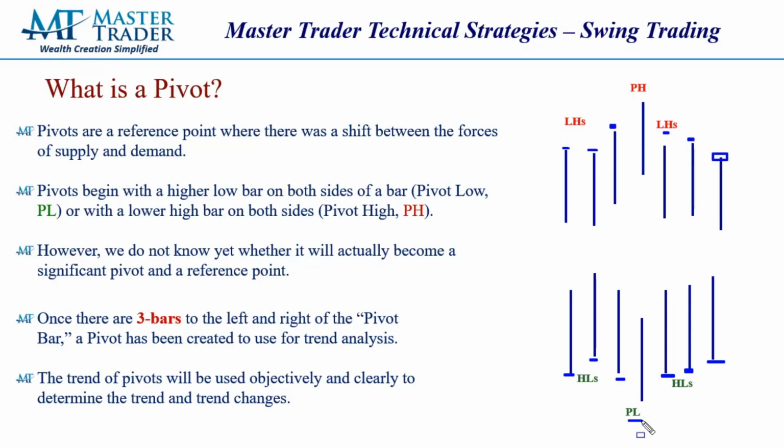And that's going to clearly tell us that there's a trend and if there's been a violation of that trend. And we're moving toward analysis that is black and white. It's one of the few things that has no gray area whatsoever based on our method.